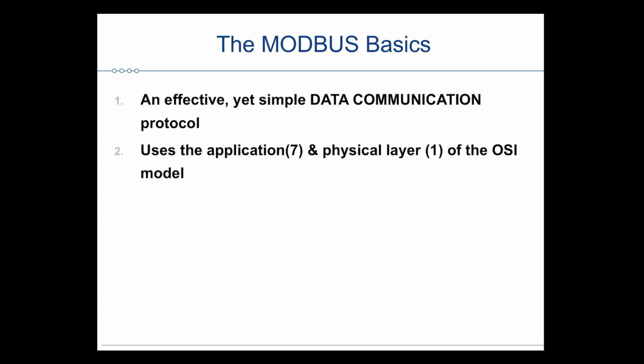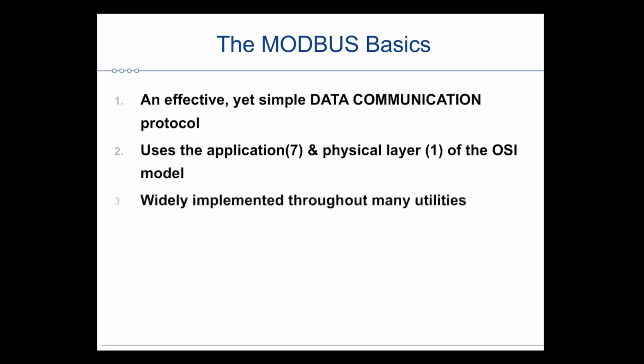Okay, so Modbus, of the OSI model that we talked about, it uses layer 7 and layer 1. So not all protocols have to address every layer of the OSI model. However, in order to move that data over the internet, you would have to use all 7 layers. But when it comes to the protocol itself and moving it through a local area connection, it's only addressing two layers, the top one and the bottom one.